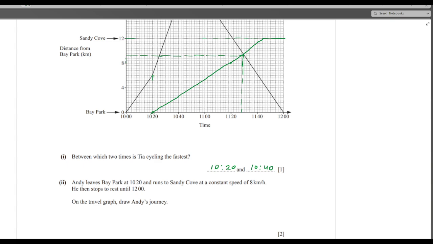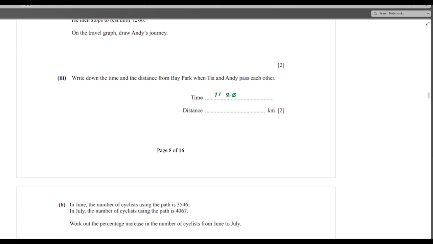So 8.4, 8.8, and then 9.2. Okay, so your distance is 9.2 kilometer.